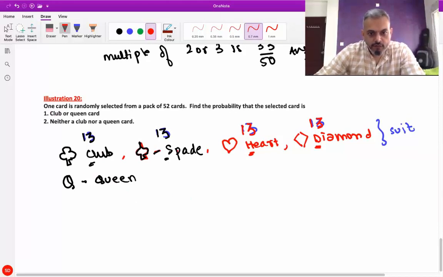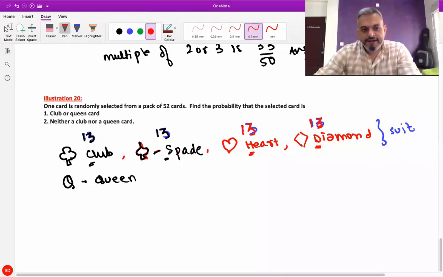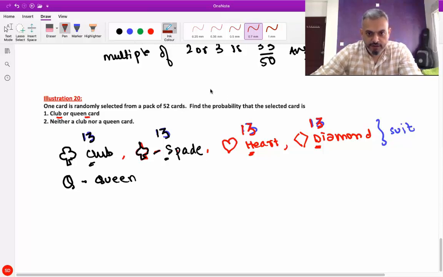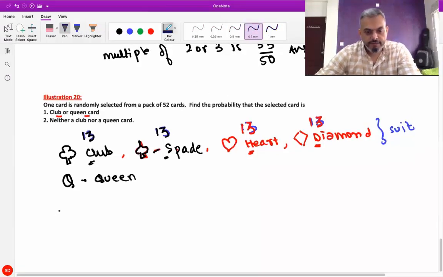Now over here, we have to find the probability that selected card is a club or a queen. So यहाँ पे we use law of addition of probability, we use union of events. So let's start doing the sum.